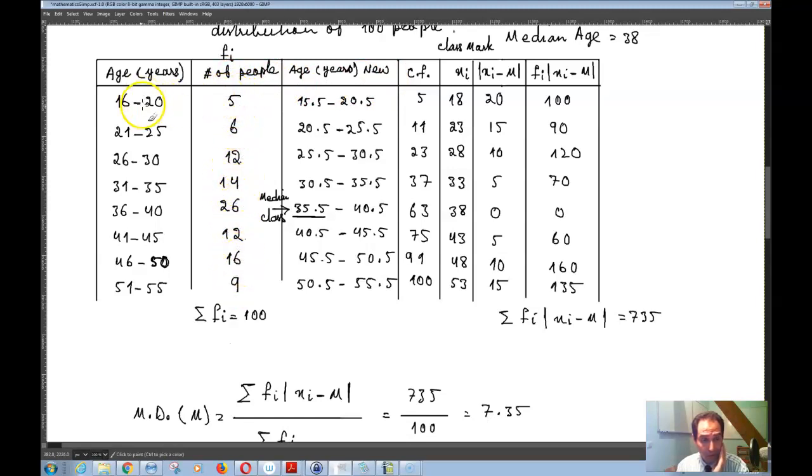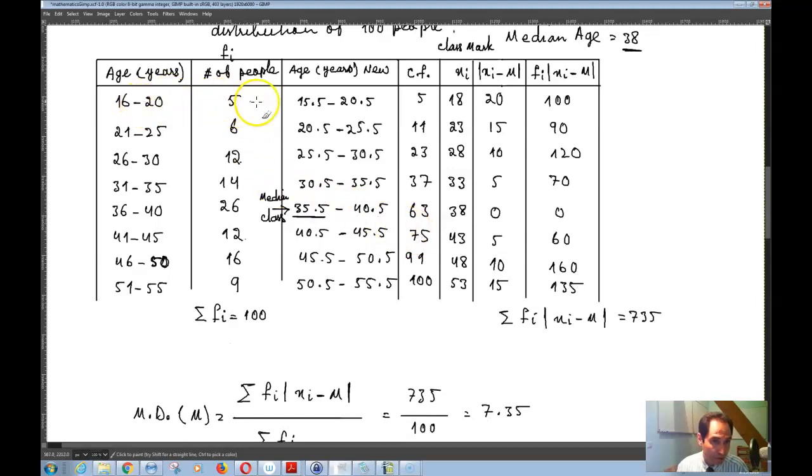So for example, at the extremes you see a 5, or a 9, or a 6, but most of the large numbers are gathered around the median class. So that means that most of the ages fall within these classes that are very close to the median class, and the median, which is 38 years old, is some number in the median class. So those ages are very close together, not very far apart.